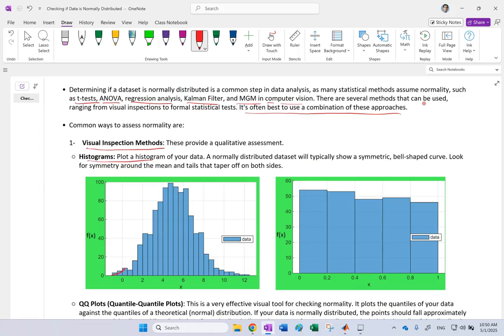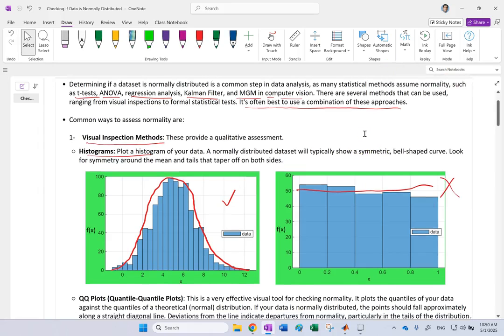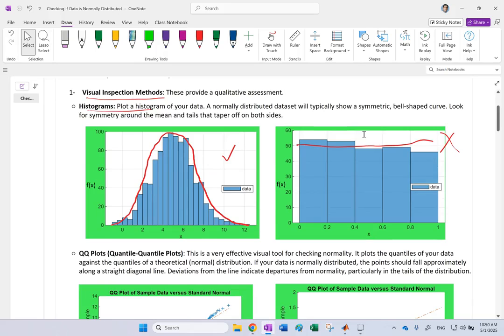And you see here that I kind of see this bell-shaped curve, but here it is kind of uniform. So I can say, well, this is more similar to a normal distribution, but this one definitely not.